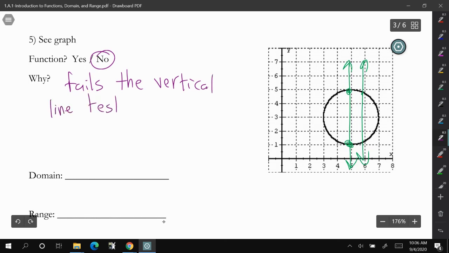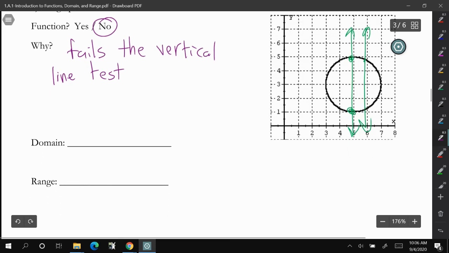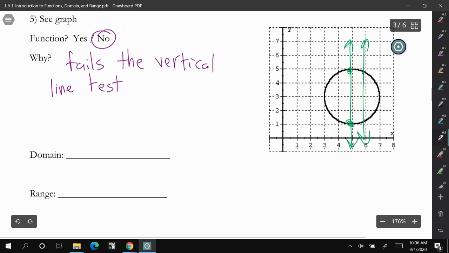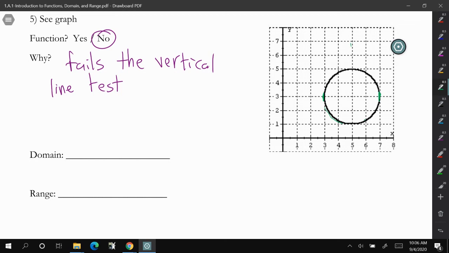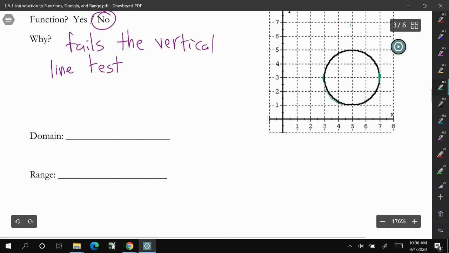Now, when we list the domain and range, this is going to be a little bit different because this is a graph and not just a set of numbers. If you look at the x value, so your domain, you have all these x values. We go from 3 all the way to 7, and it would be impossible to write down every single number from 3 to 7. So what we do is we use a bracket. We say 3, 7.